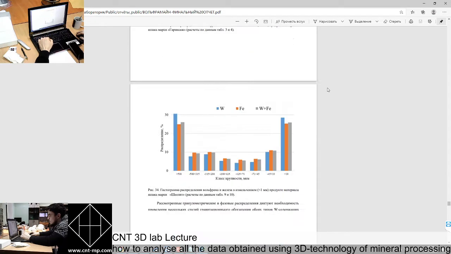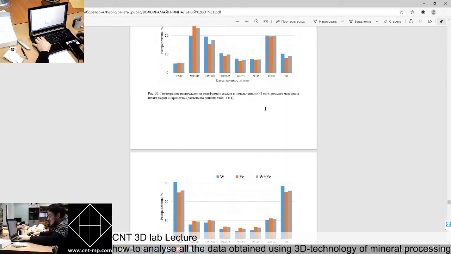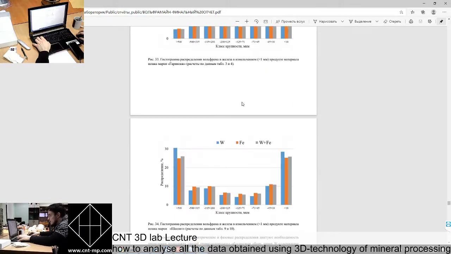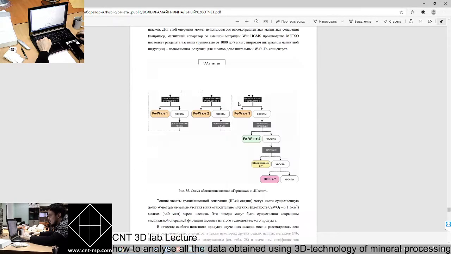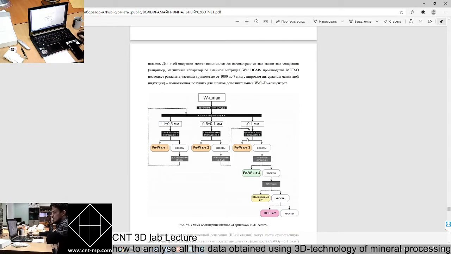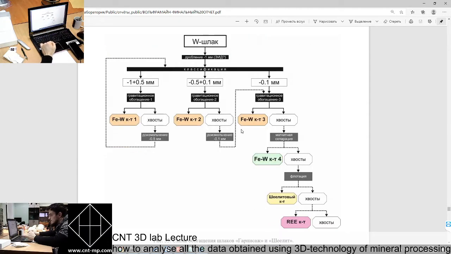As you can see, we almost always build histograms, figures, correlation tables. This is another report, and we also can show what the client should do to receive several products which are feasible, economically valued, etc.